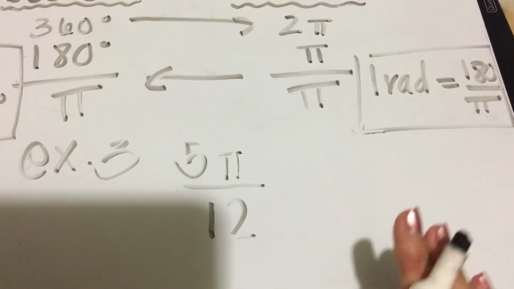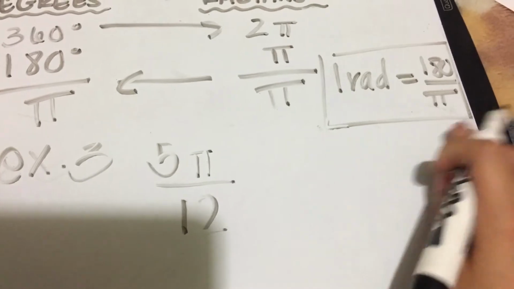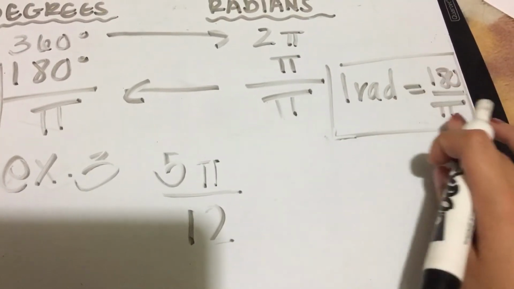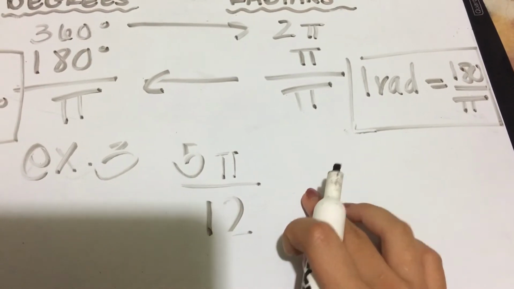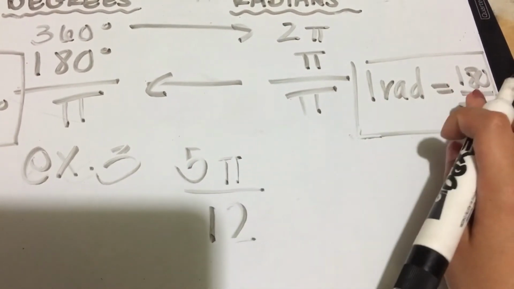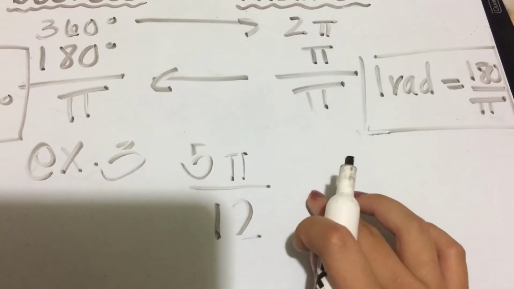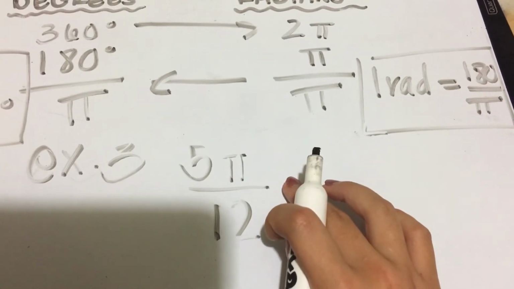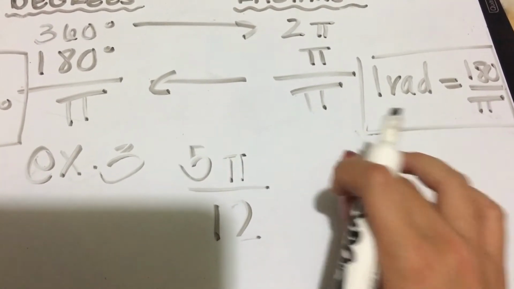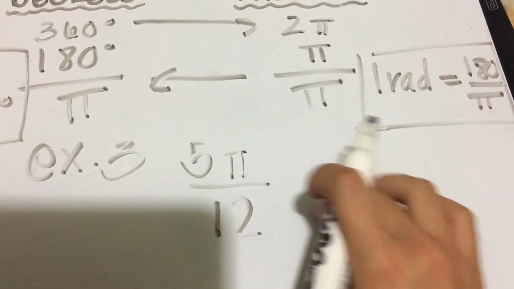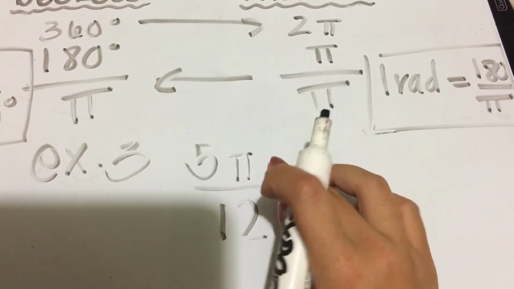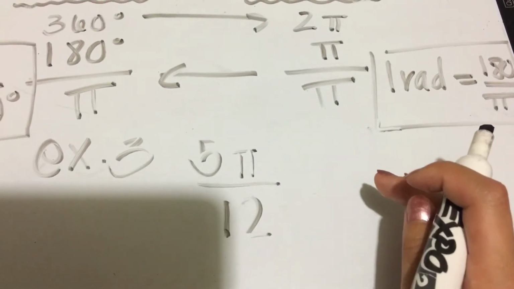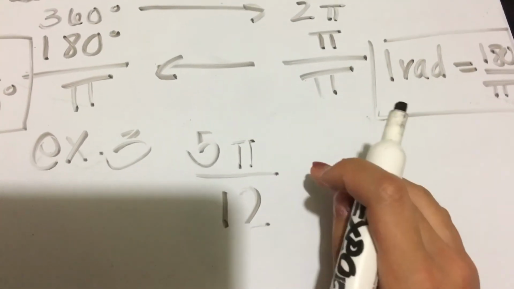We're technically using this conversion factor, but instead of writing this entire factor out and multiplying, we are just going to change pi into 180 degrees. Because even if we were to multiply by the conversion factor, 180 over pi, we would still end up crossing out the radians, and we'll be left with 180 in replacement of pi.